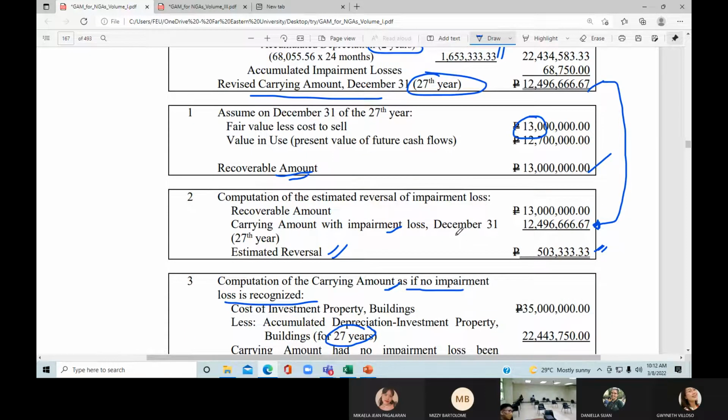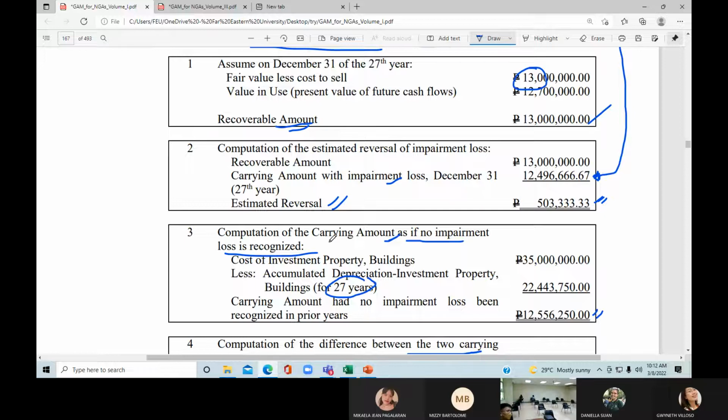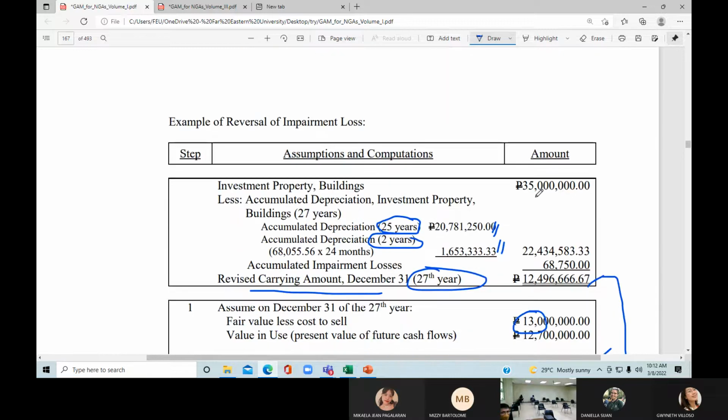Tingnan mo muna kung magkano ba yung carrying amount ng asset had no impairment loss been recognized. Ibig sabihin lang, tingnan mo magkano sana yung naging carrying amount niya kung hindi nangyari itong impairment. So buong 27 years nung investment property, same accumulated depreciation yung mangyayari, o same depreciation expense pala for the year.